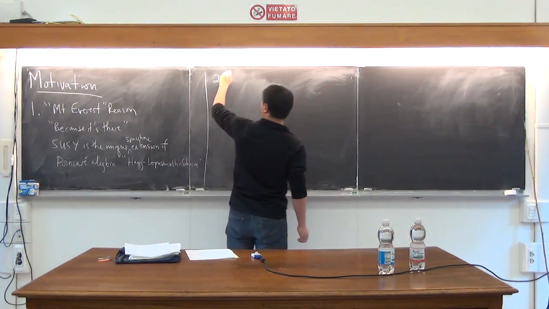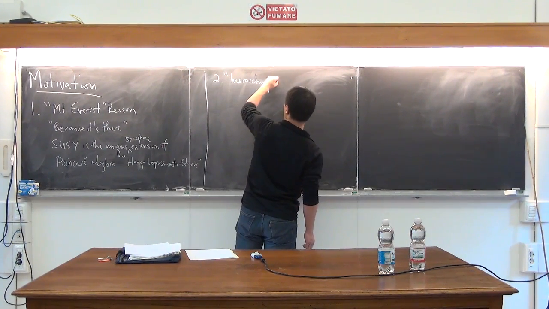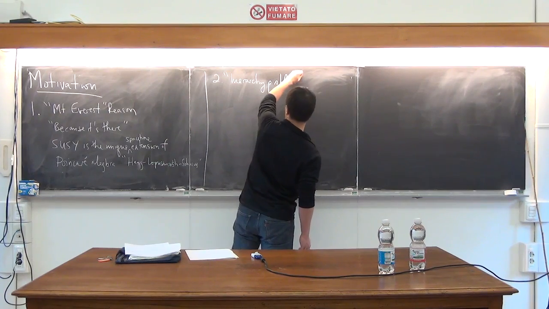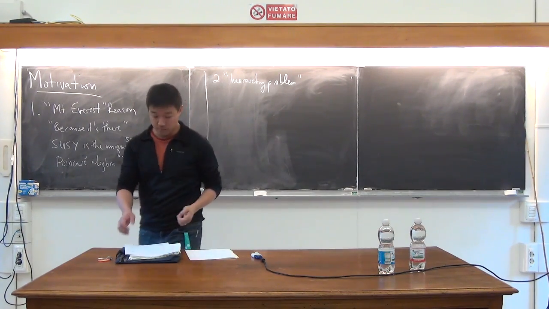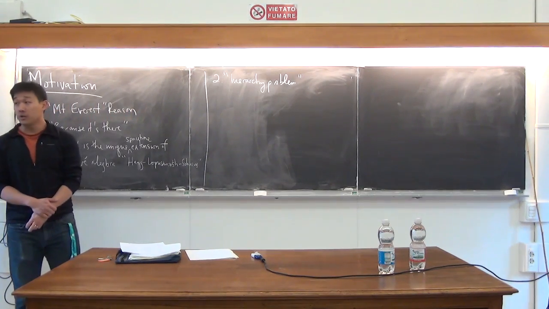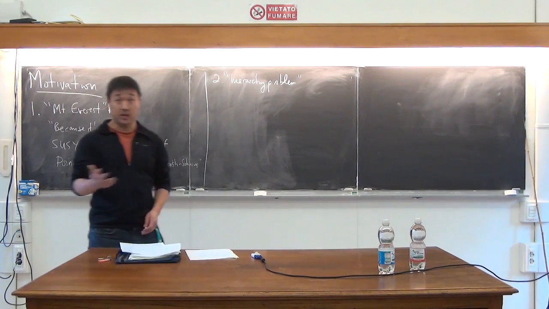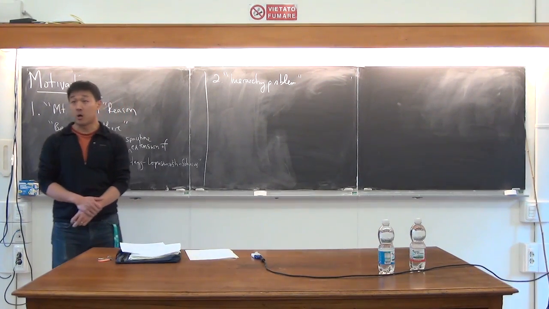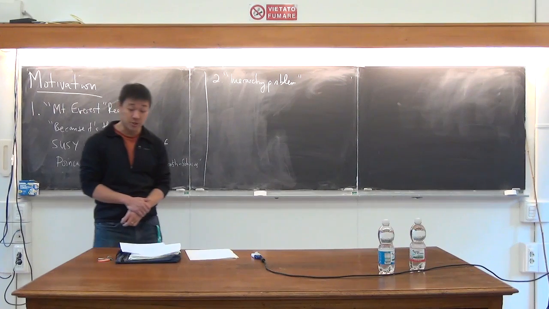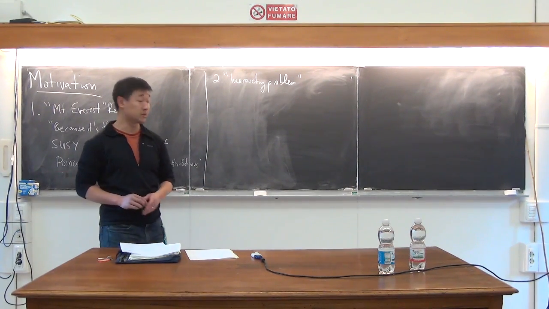The second reason is, of course, the hierarchy problem, and maybe this is the one the people in the room are more familiar with, right? There's this famous gauge hierarchy problem, which afflicts the Higgs particle in the standard model, and more generally, it's a problem of all fundamental scalar fields.